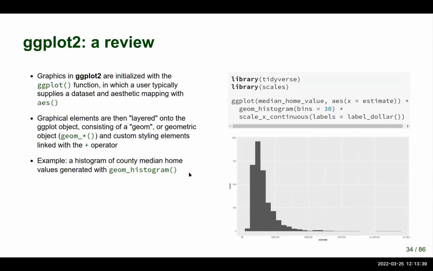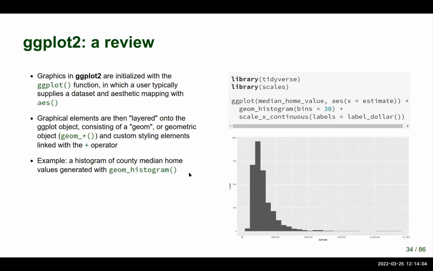It's almost infinitely customizable, and there's a reason why it's one of the most popular R packages there is. You then layer on additional elements. So once you specify an aesthetic mapping, you tell ggplot2 how to draw shapes on your plot using a geom, short for geometric object function.